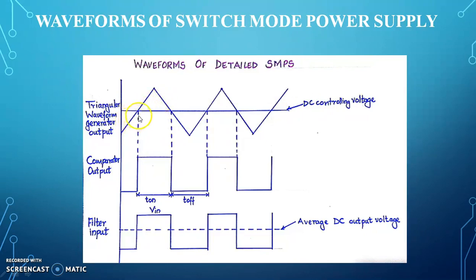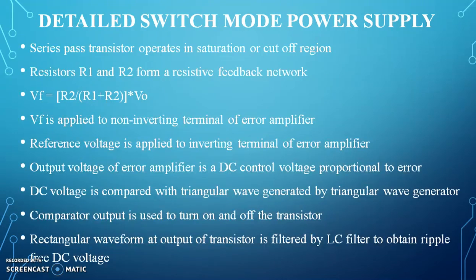So if the triangular waveform is greater than the DC voltage, then the comparator output is positive, and if the triangular waveform is less than the DC voltage, then the comparator output is minimum. So we have the comparator output, that is T-on and T-off, a rectangular pulse which is given to the transistor.